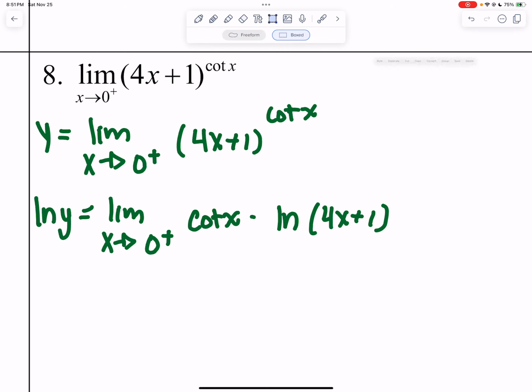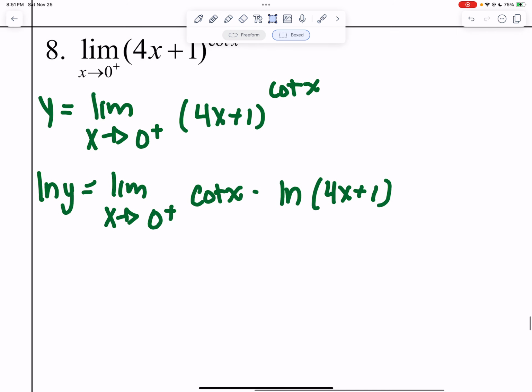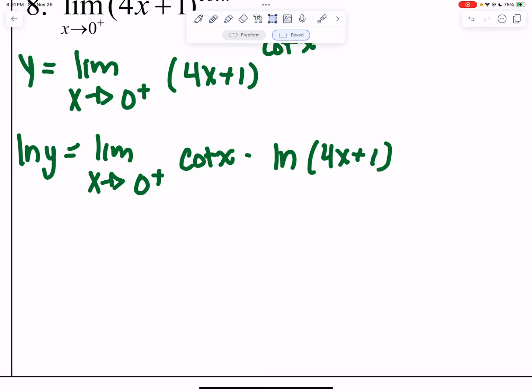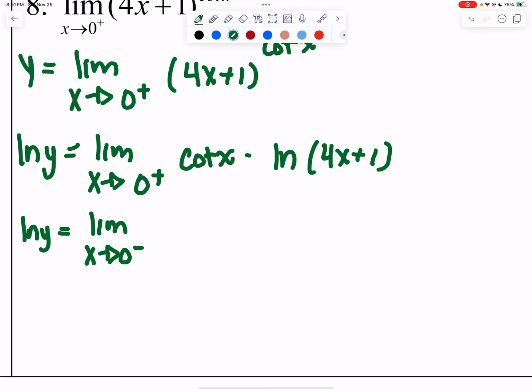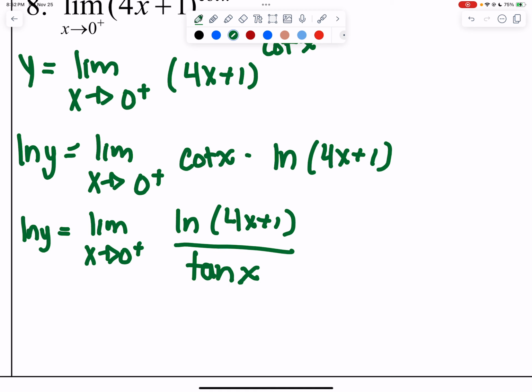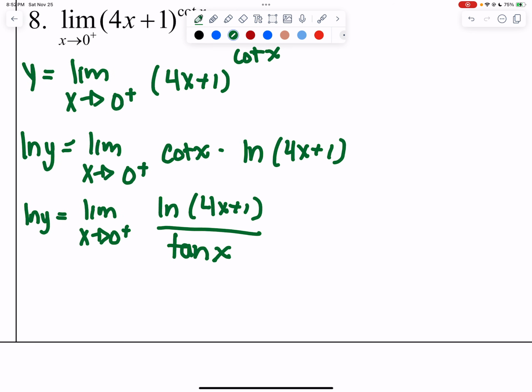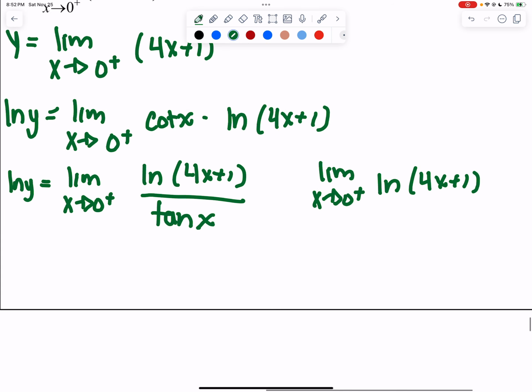But in order to use L'Hopital's, we have to turn this into a fraction. Well, good news. Remember that cotangent is the reciprocal of tangent. So I can actually rewrite this so that I have tangent at the bottom. And then remember, now we have to evaluate at 0 from the right to see that it is an indeterminate form.